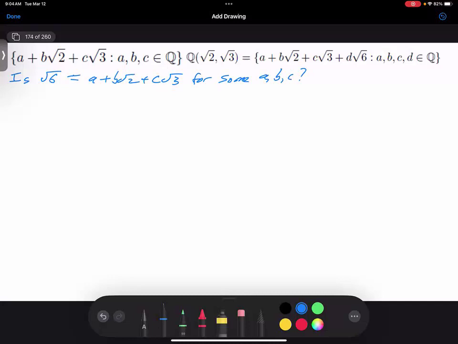Can we find a choice of a, b, and c so that this will hold? Okay, so root 6 is root 2 times root 3. But when I look at my linear combinations, I'm looking at the linear combinations of 1, square root of 2, square root of 3. I don't have a product.